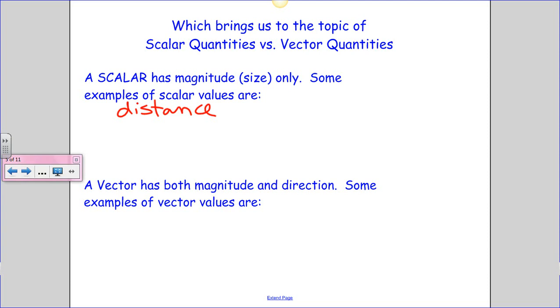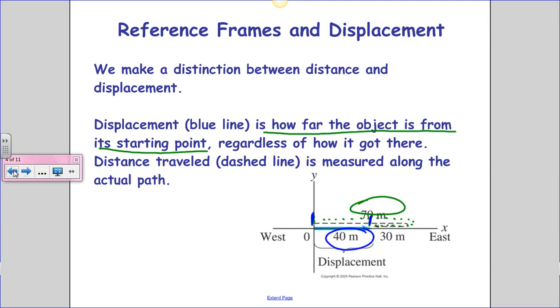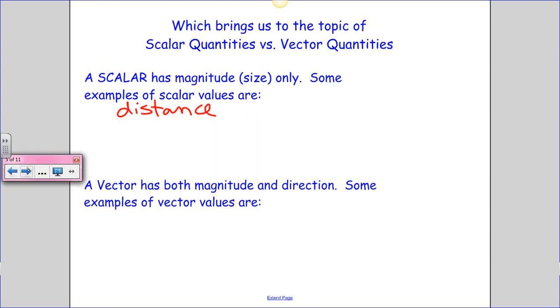It didn't matter in the previous slide that the person walked forward and then doubled back. Their distance was only the magnitude or the size of how far they had traveled. It didn't matter what direction they went in. So distance is a scalar. Speed is also a scalar.